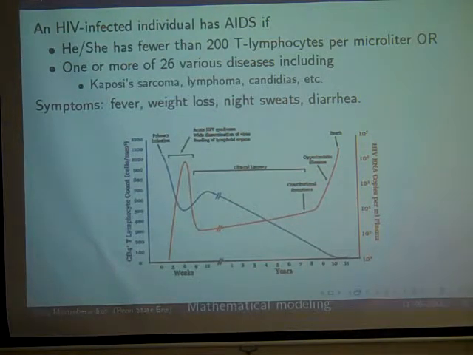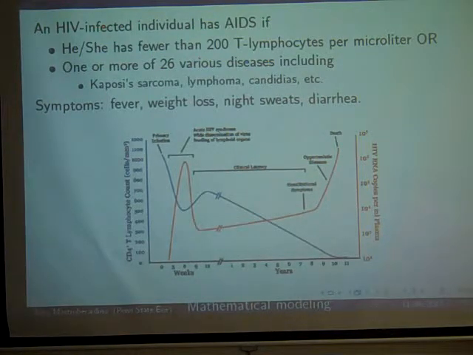All of us have microorganisms in our body that a normal immune system can deal with. But if your T lymphocyte count is low, then these microorganisms seize the opportunity and cause harm. And so you can see the symptoms of having AIDS.